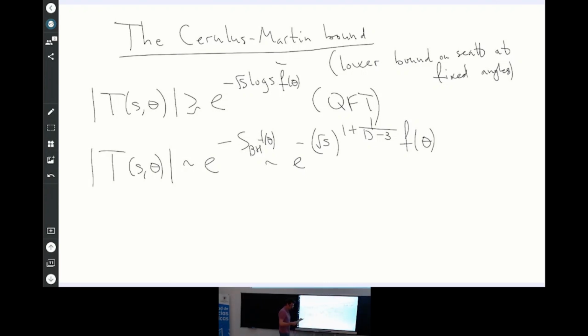What does it mean for gravity, if it means anything? I just want to quickly remind you how this bound was derived. What goes into this bound is maximal analyticity, and Mandelstam representation, if you wish.